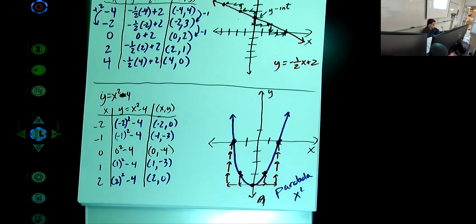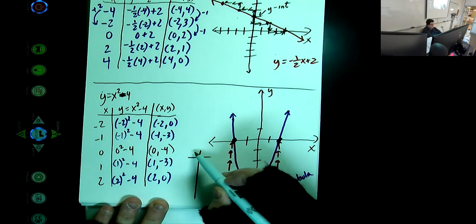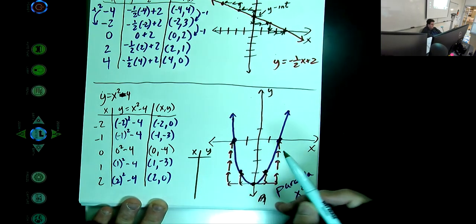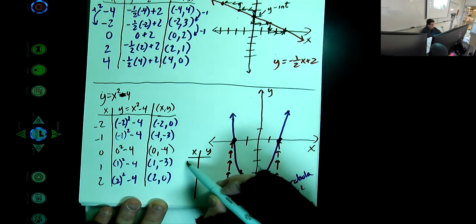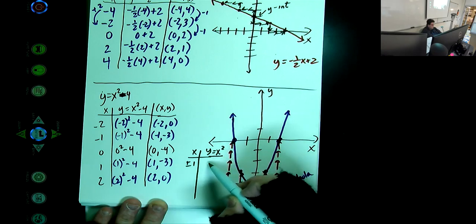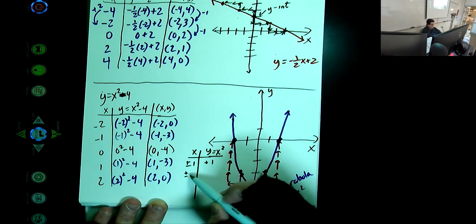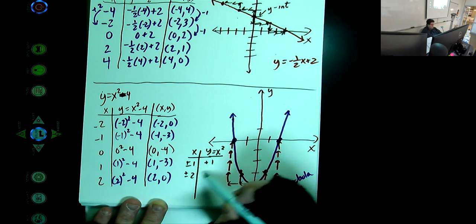And the basic changes, we will be doing this more later, but with x and y, as I go plus or minus 1, y is x squared, it goes up 1. If I go plus or minus 2, squared is 4.